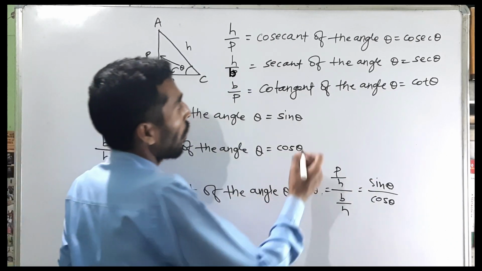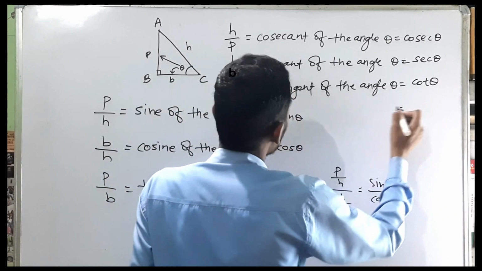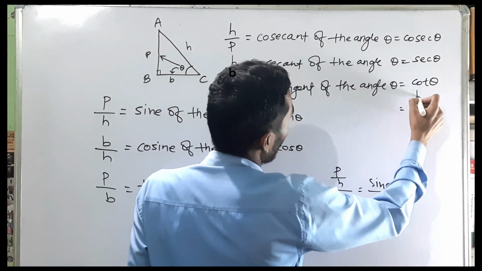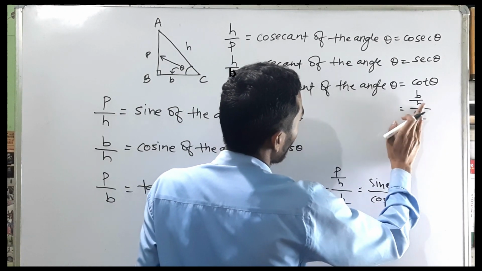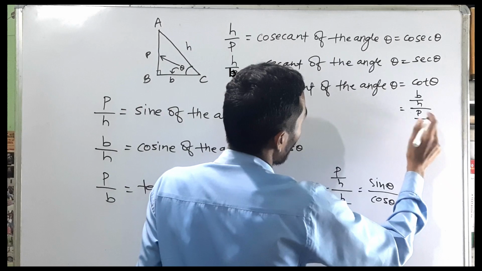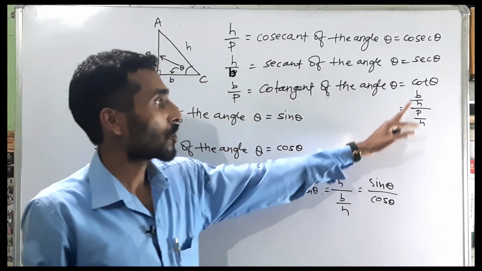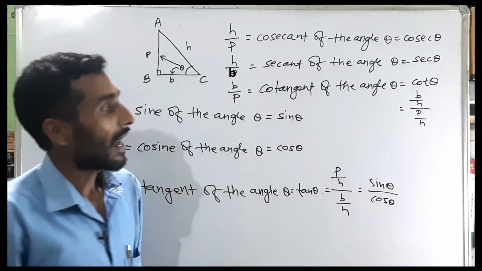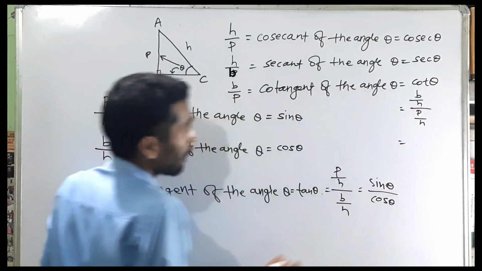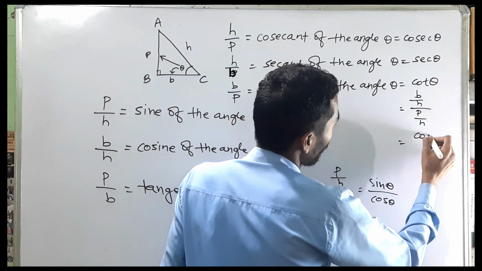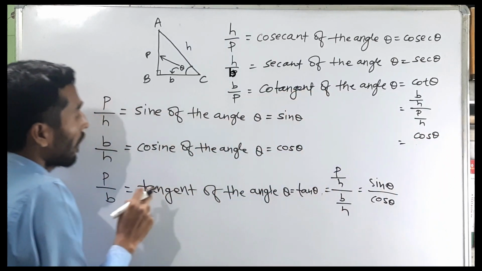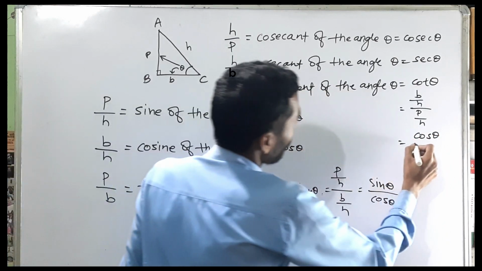In the same way, cot theta is b by p, so we can write b by h over p by h. After cancelling h with h, we get the same thing, b by p. b by h is cos theta, and p by h is sin theta.